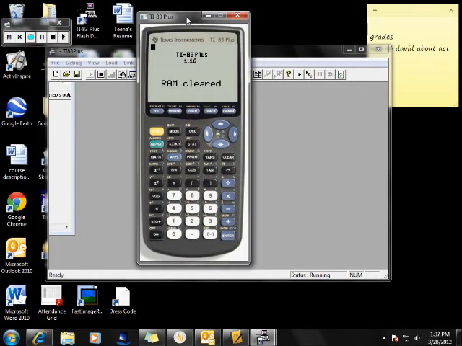Okay, so if we look at sine x over x, and I kind of want to zoom box that. Okay, so that is the function sine x over x.